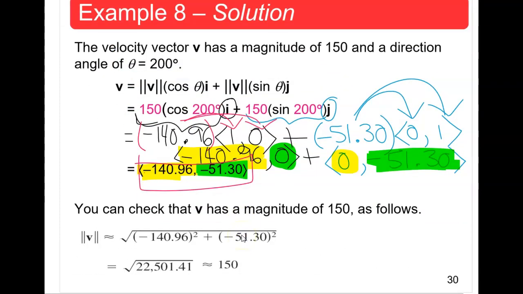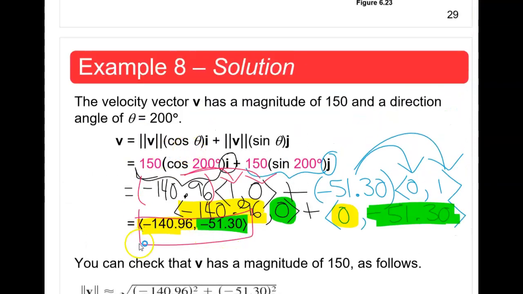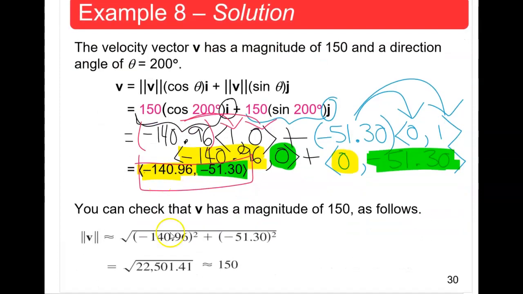in component form. So to check that, because here we just assume that the velocity was giving us the magnitude, to check that v has a magnitude of 150, like the problem said, we could check by the magnitude formula, which is the square root of the square of the horizontal component plus the square of the vertical component.